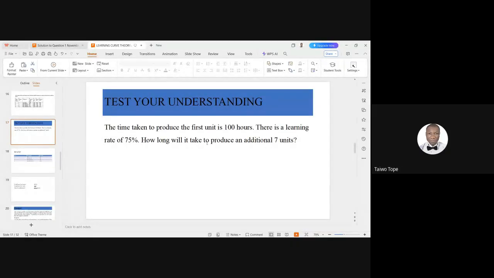How long will it take to produce an additional 7 units? Once you get your average time, you get your total time. They are asking how long it will take to produce an additional 7 units. So the total time for 8 units minus the total time for 1 unit will give you the time you need to produce 7 units.